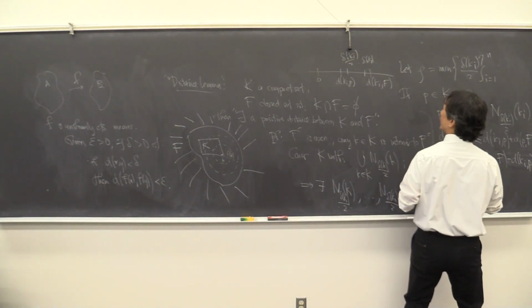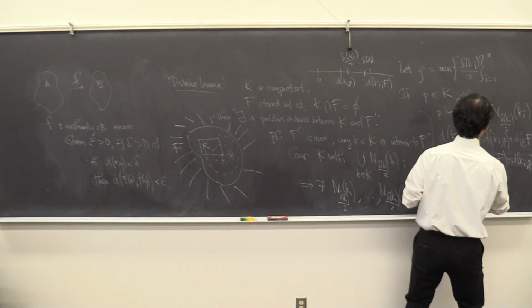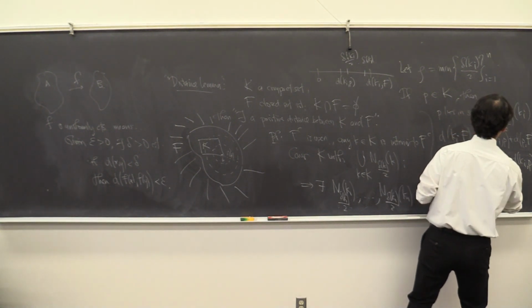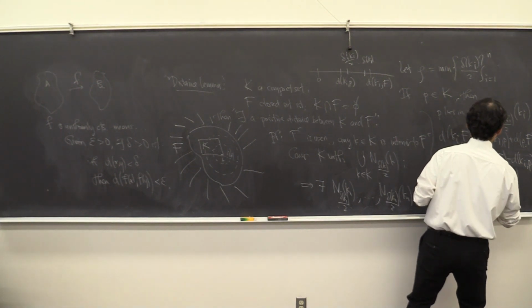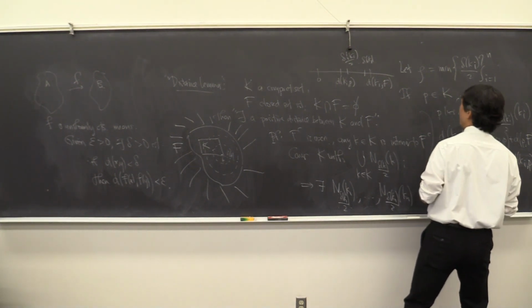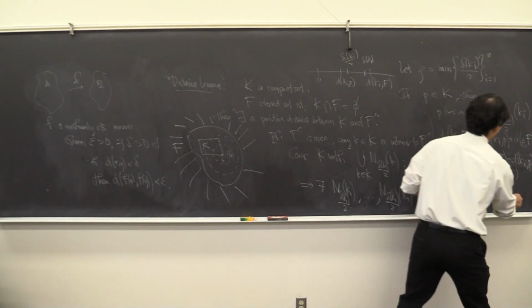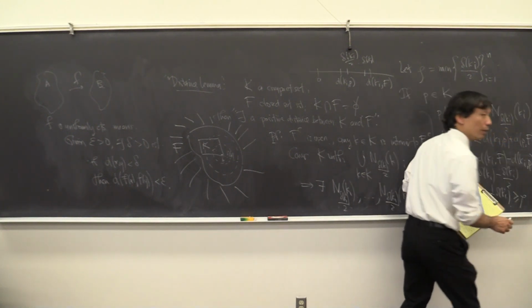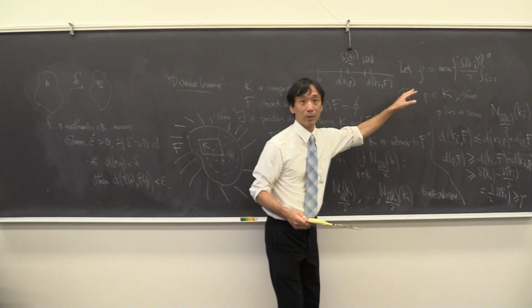So that's bigger than the distance delta K_i minus delta K_i over 2, which is of course 1/2 delta K_i. But that is bigger than rho, because rho is the minimum of them.